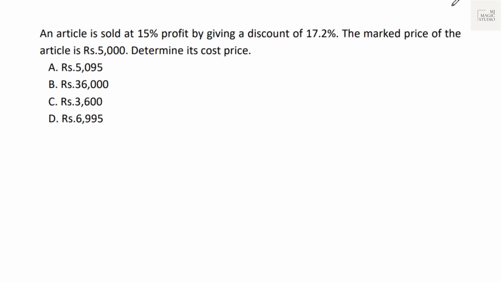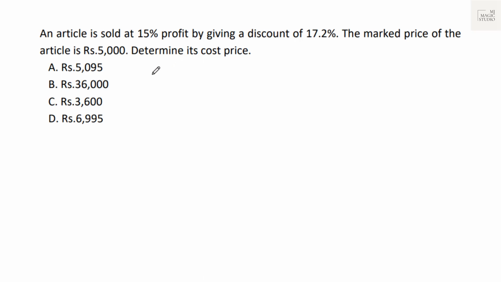Let's fall back to our basics of profit and loss and percentages. This is the classical take on profit and loss, and you can see people screaming out, this is the shortcut, this is the shortcut. Let's see how this shortcut is arrived at. If you can understand the process, you can very easily remember the shortcuts also.